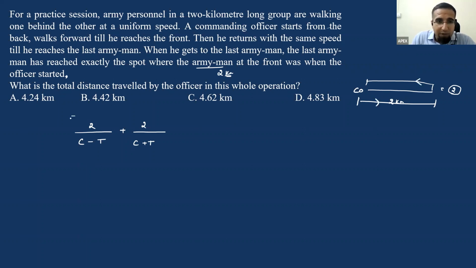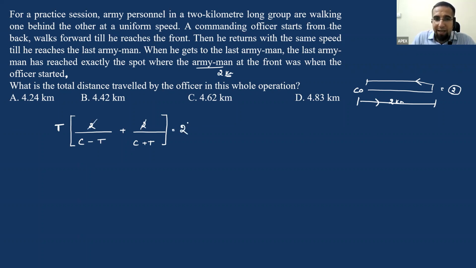So this is the total time taken by the commanding officer to go to the front and come back. In this much time, the distance traveled by the person at the end, who is moving at a speed of T, is equal to 2 kilometers.